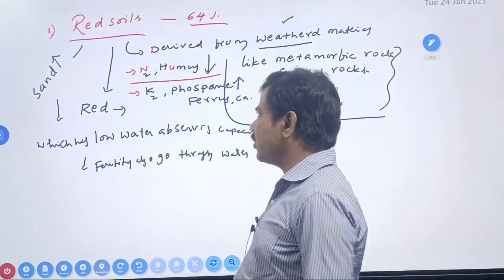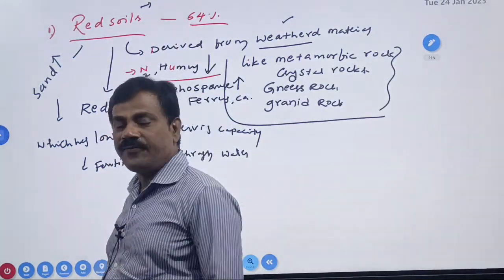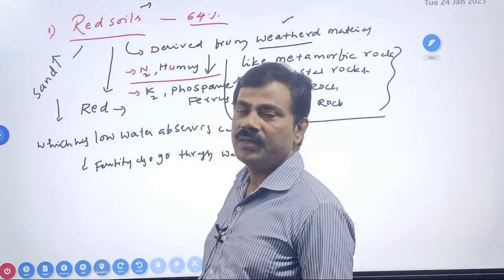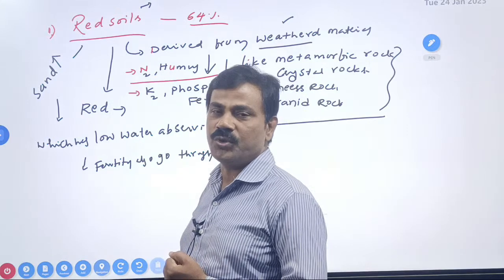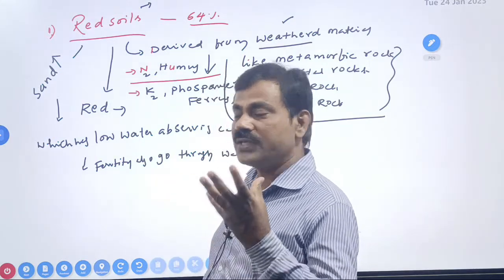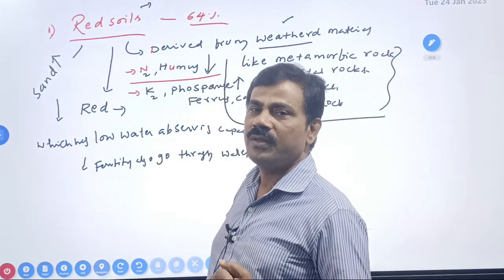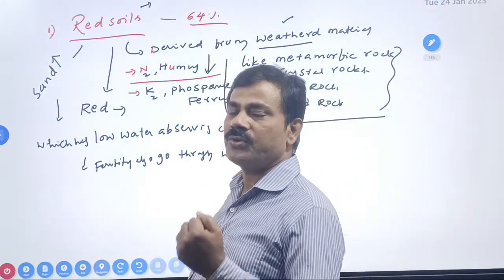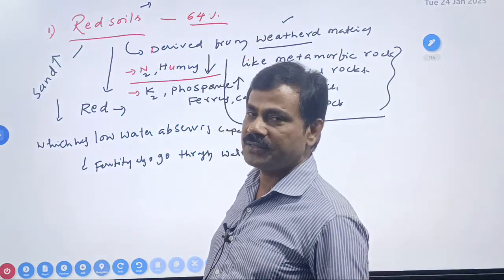So red soil is not a high fertility soil; it has very little fertility due to no water absorbing capacity, and fertility also flows to the low level areas.